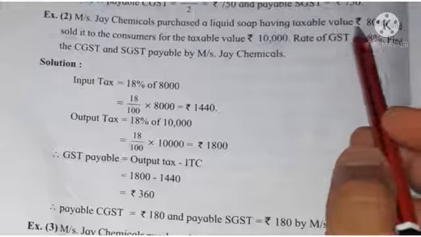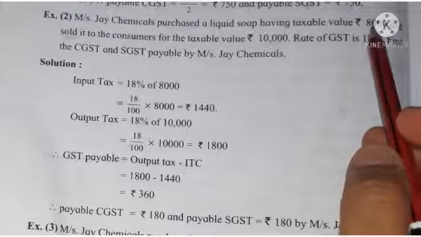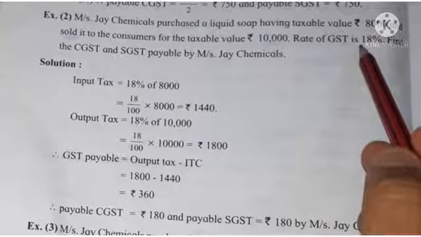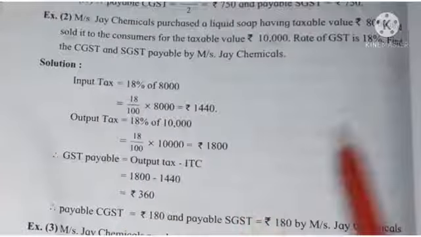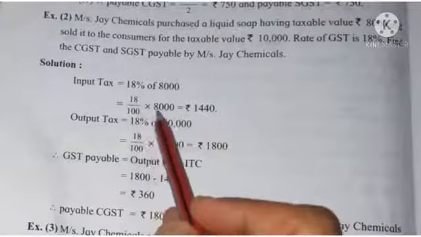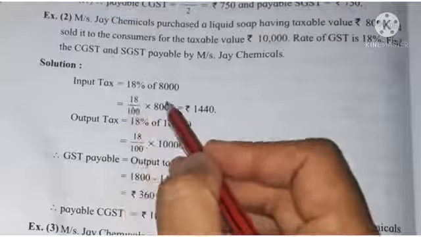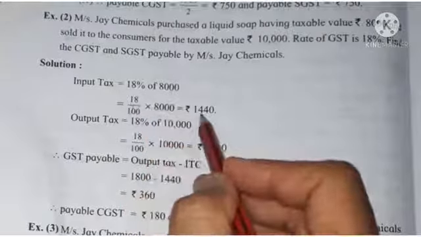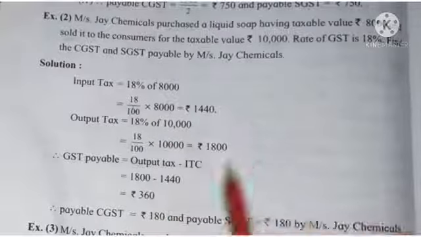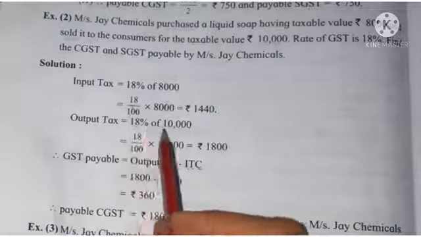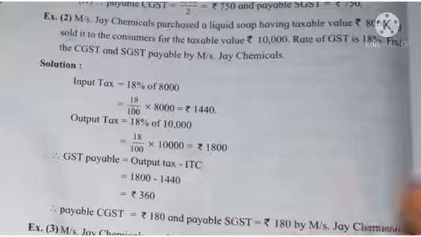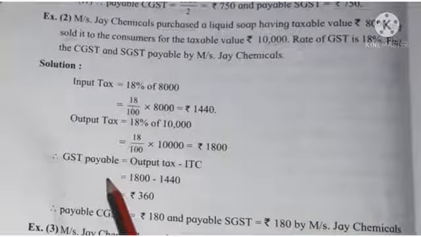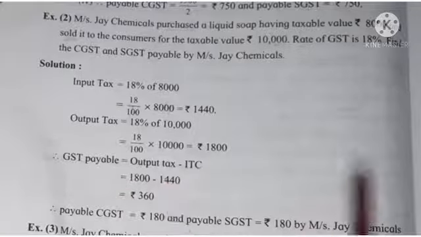The taxable value at the time of purchase is 8,000 and GST is 18%, so input tax is 18% of 8,000, that is 18 upon 100 into 8,000. The zeros get cancelled, 18 eights are 144, so 1,440. And output tax is 18% of 10,000. You calculate this, we get 1,800. So GST payable is output tax minus input tax credit.